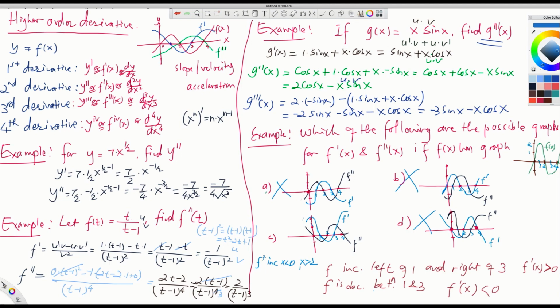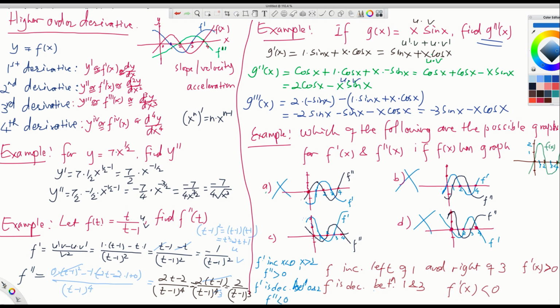And so in this case, its derivative, meaning f double prime, must be positive. And f prime is decreasing between 0 and 2. So in this case, its derivative, f double prime, must be less than 0, right?